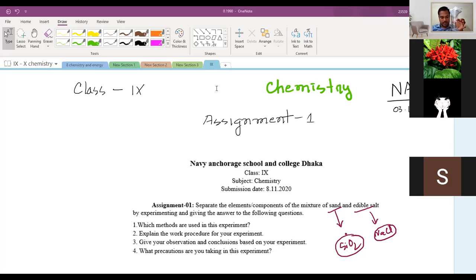Now we mix sand, salt, and water. I'm mixing in some salt, then using water. This is the mixture of sand and salt, and by stirring we mix it.